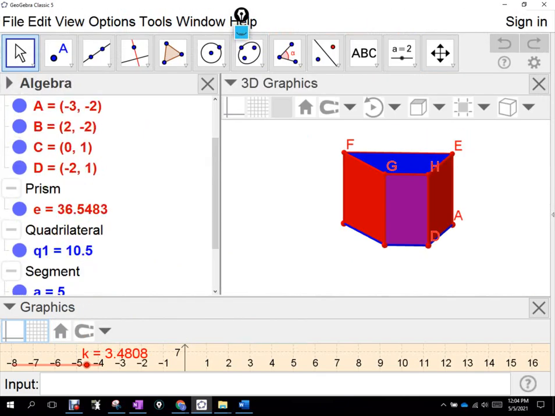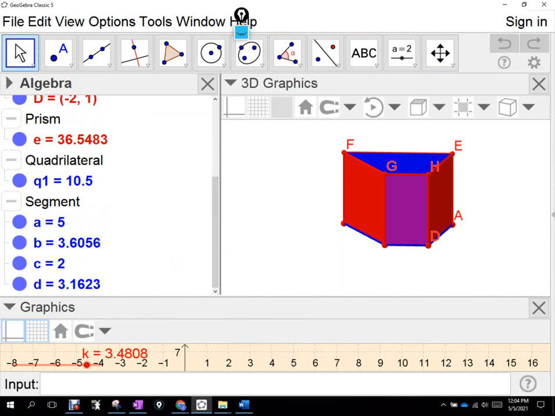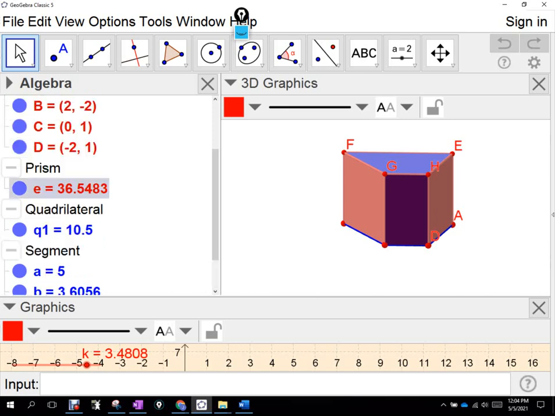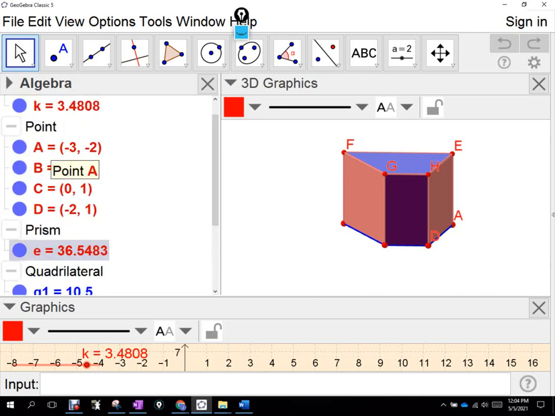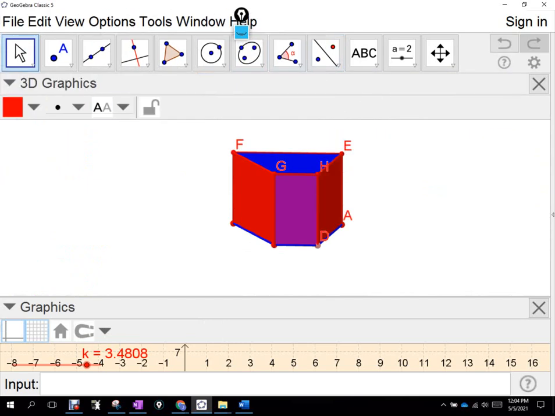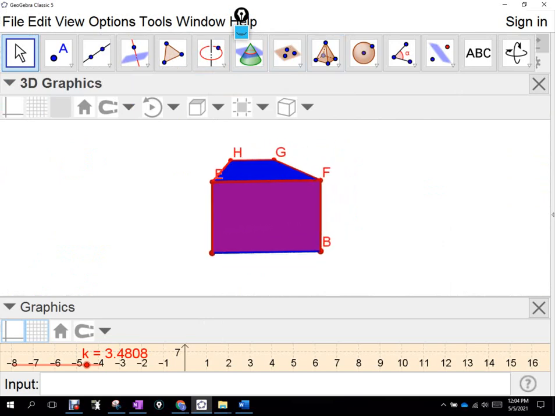Trying to get this thing to, there we go, select that, and I want to rotate it maybe around a point. I don't know if this will work. Nope, it won't work.